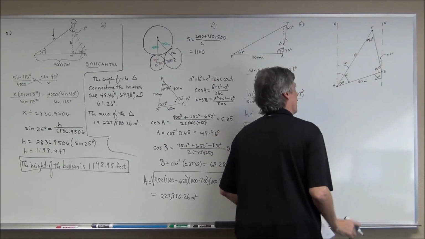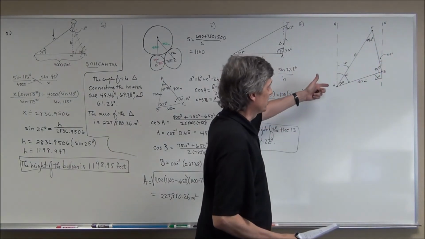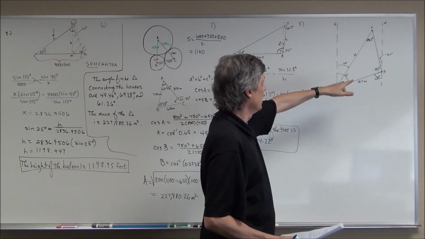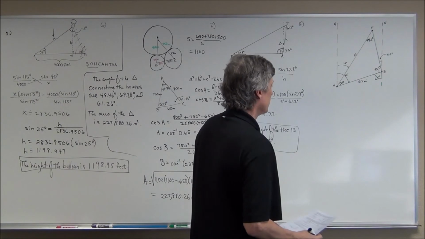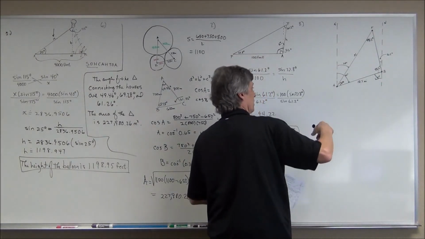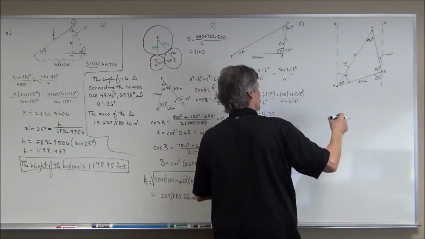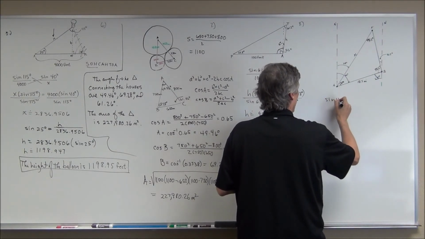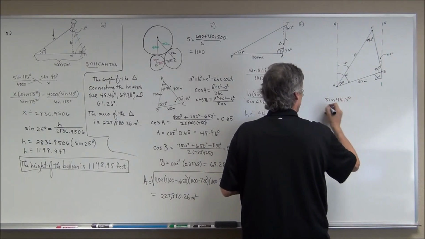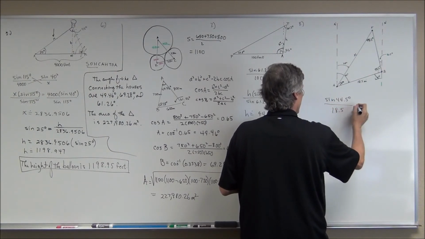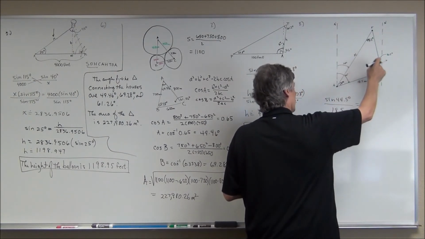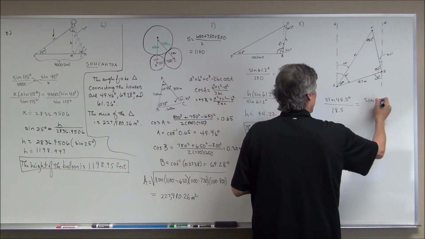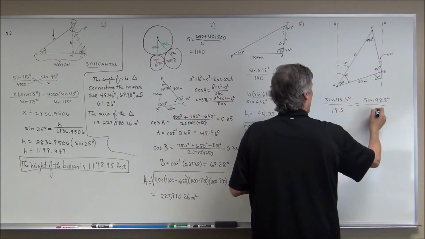So see, I need that angle because it's opposite that side. If I'm going to use the law of sines, and I have to use the law of sines, it's not a right triangle. I can't use Sohcahtoa. I can't use the law of cosines because I need at least two sides given, and the angle in the middle of them, or all three sides. So in this case, the law of sines tells me that the sine of 44.5 degrees is to the 18.5 miles as, now I'm trying to find x, so I'm going to use the 98.5 angle, the sine of 98.5 degrees, all over x.